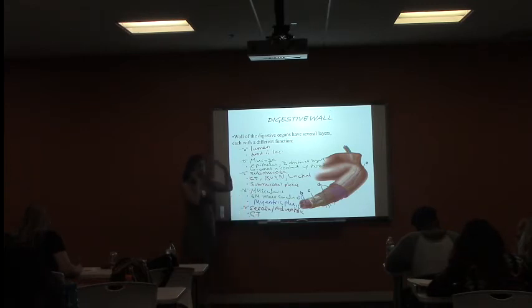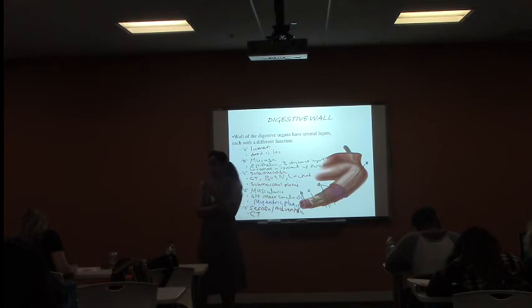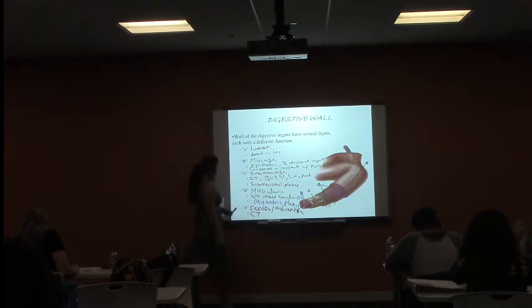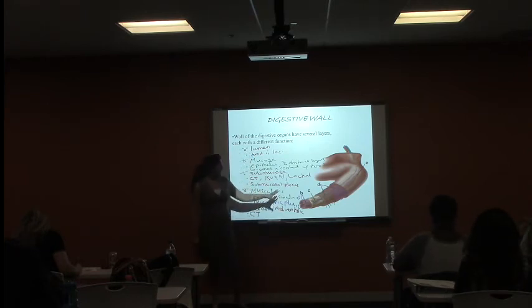It just encloses the entire organ. As you know, the outermost layer is usually a connective tissue, and its function is always protective. So these are the 4 layers of the digestive tract.